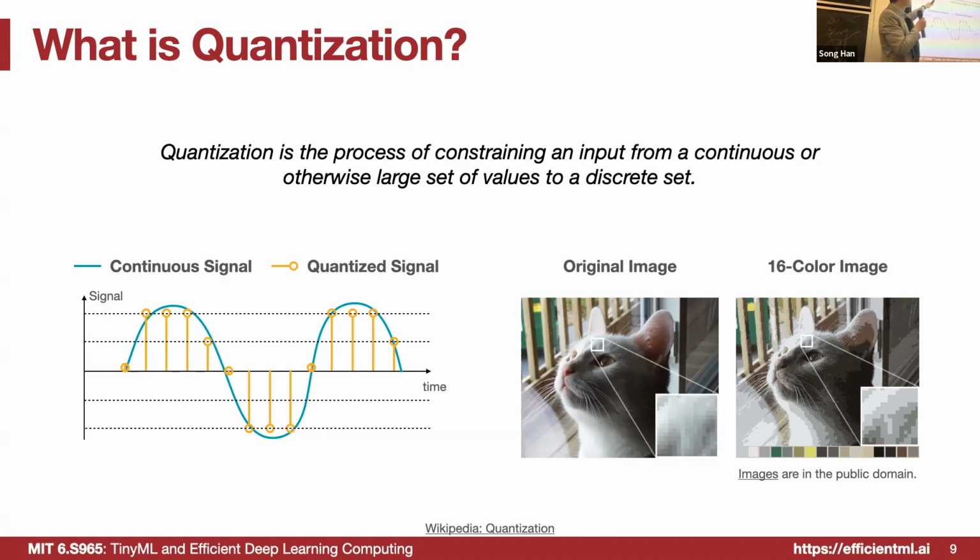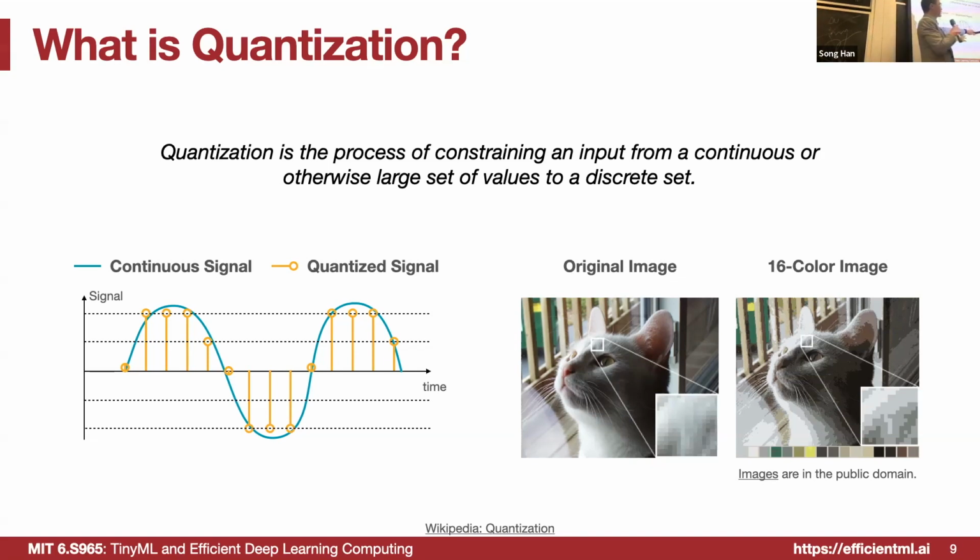So quantization is the process of constraining an input from a continuous, or otherwise large, set of values, where it can be any value, to a discrete set. In this case, only the set 1, 2, 3, 4, 5.